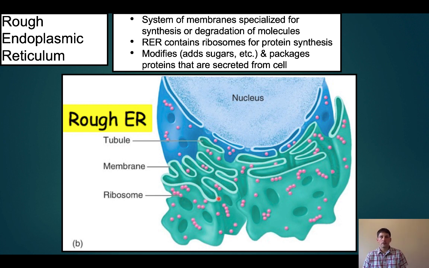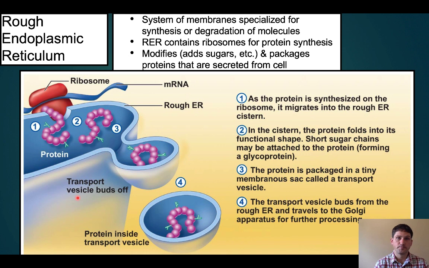So you can see here our rough endoplasmic reticulum. We've got lots of ribosomes on the surface of our endoplasmic reticulum. And so basically, as those proteins come off, they enter into our rough endoplasmic reticulum, which then modifies them and packages those proteins, and then they're secreted off of that rough endoplasmic reticulum.